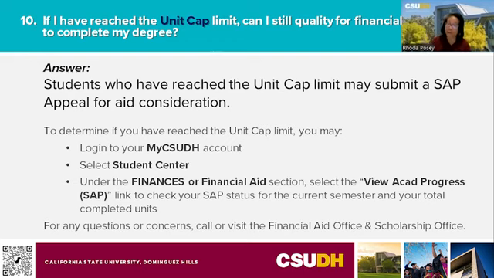You're going to go to the most current semester, and then you'll be able to get the view of where you stand on all three categories: GPA, unit completion, and total completed units, which is what you're going to be looking at to see if you've reached the unit cap. And then at the end of the day, if you have any questions, just call or visit us, and we'll help guide you through.